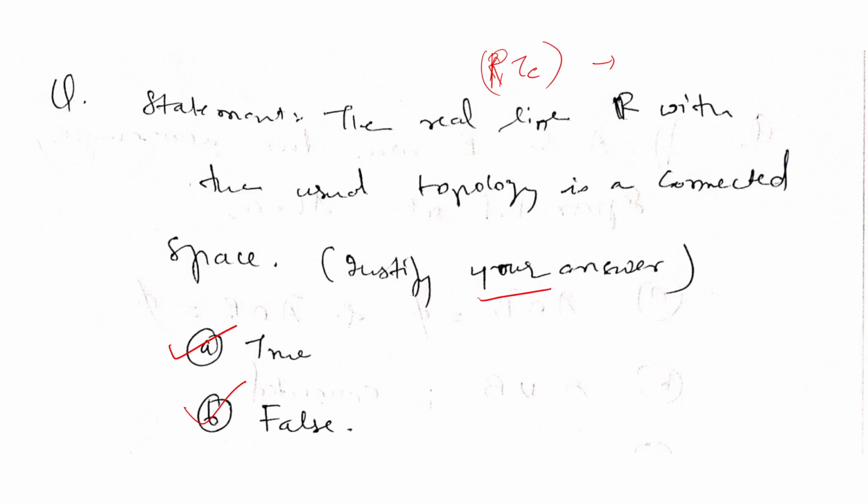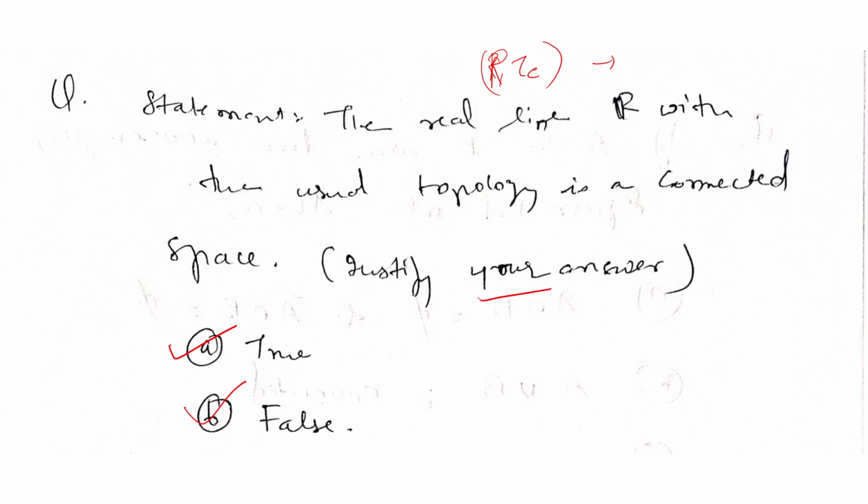Then there exist two open sets such that R is the union A union B. A and B are open, hence A union B is also open. Meanwhile, R is closed as well, but A union B cannot be closed. So there is a contradiction like this.